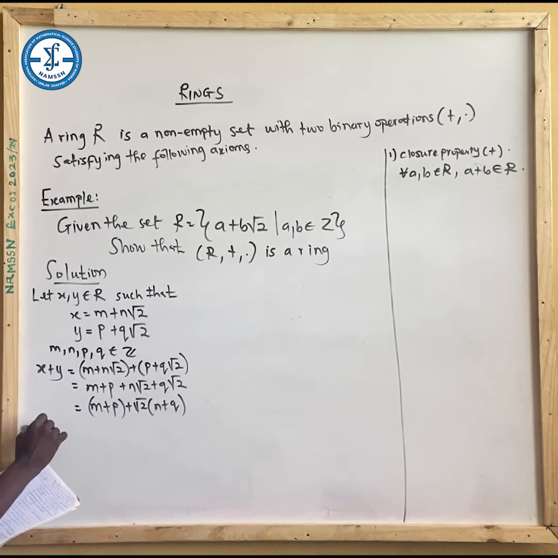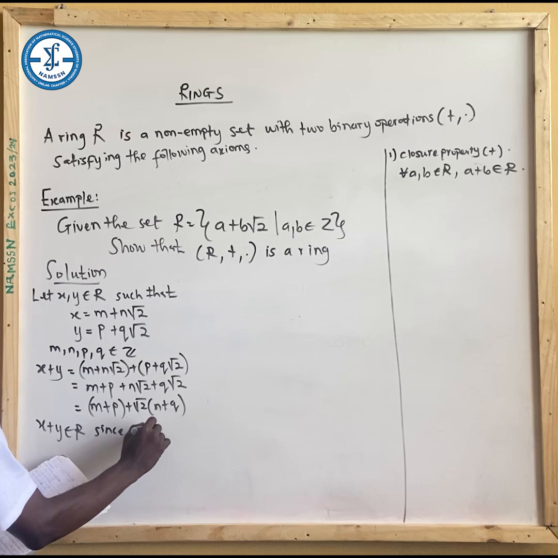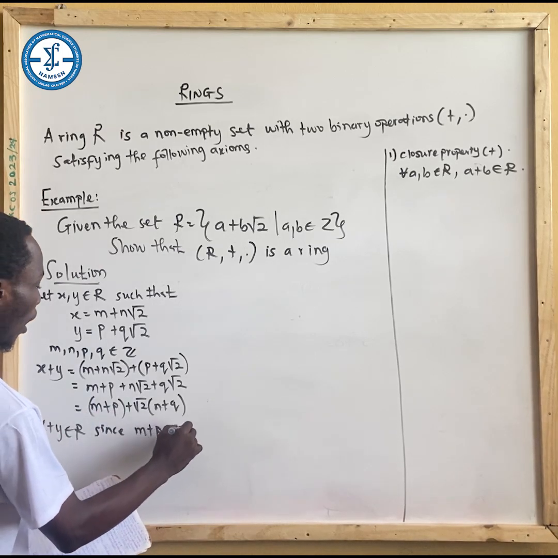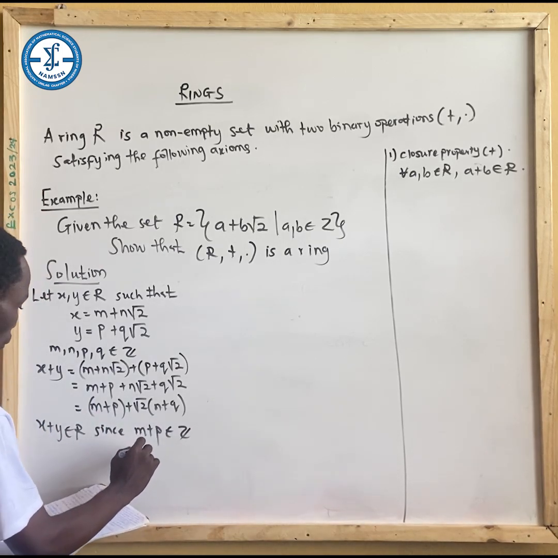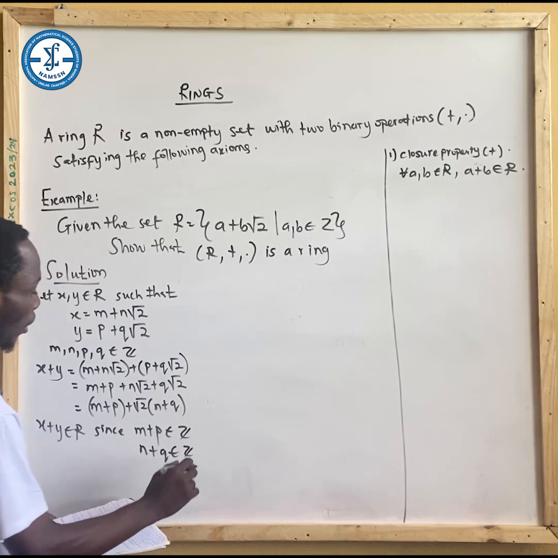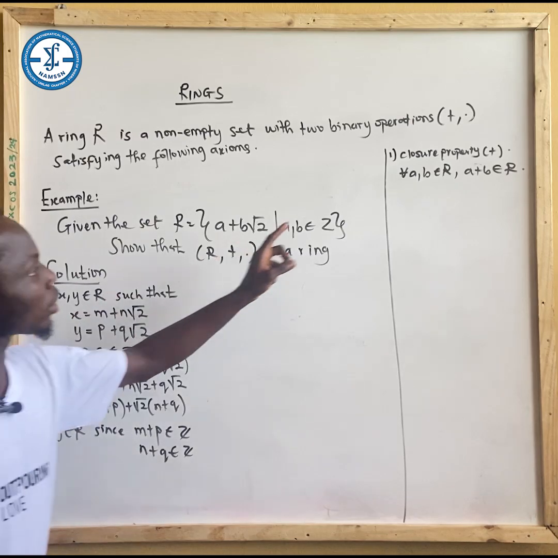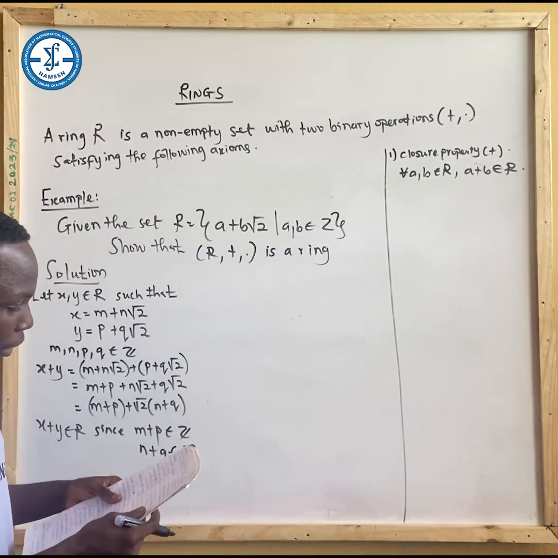Now, x + y is in R, since m + p will give me an integer, and also n + q here will also give me an integer. So I've been able to show that this satisfies the closure property under addition.